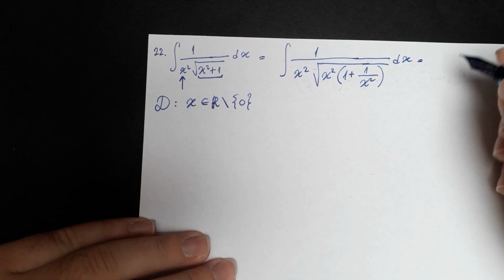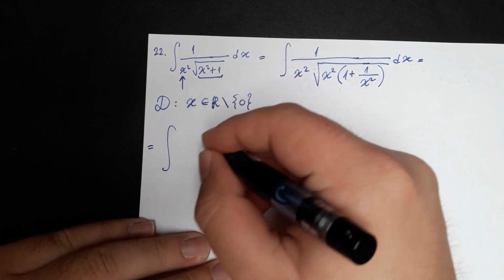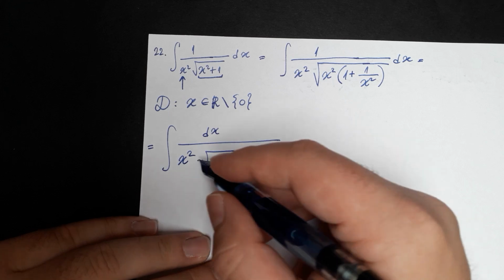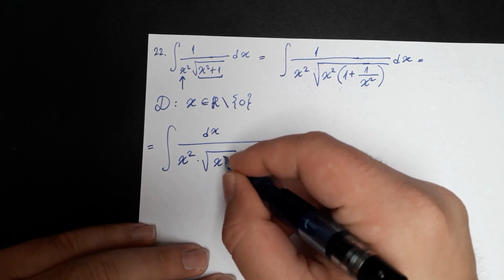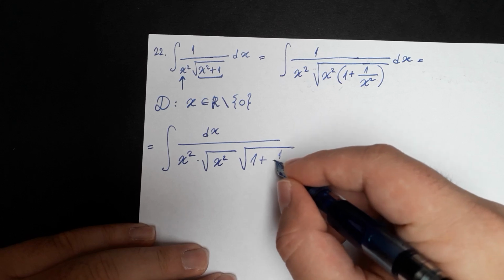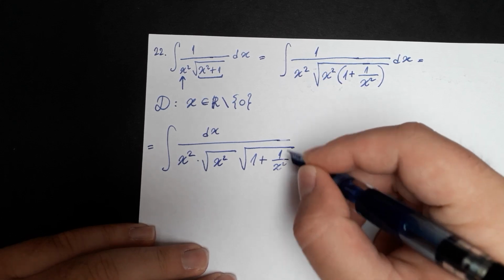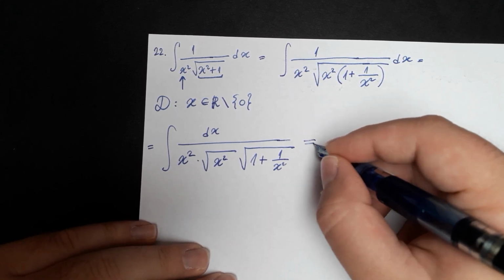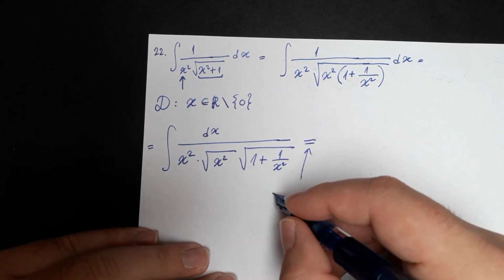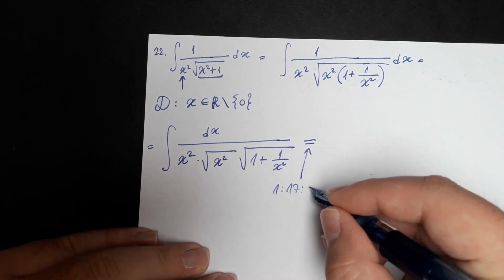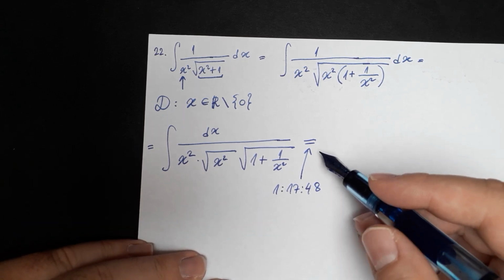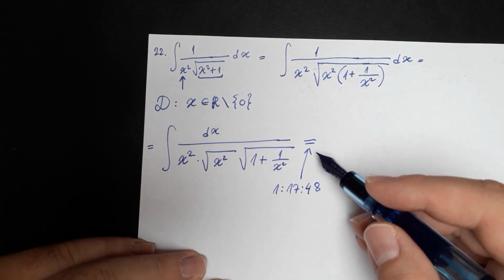Now our integral becomes the integral of dx over x squared times the square root of x squared times another square root of 1 plus 1 divided by x squared. This is then equal, and right here in this step, at 1 hour 17 minutes and 48 seconds, blackpenredpen makes a claim: don't worry about the absolute value.